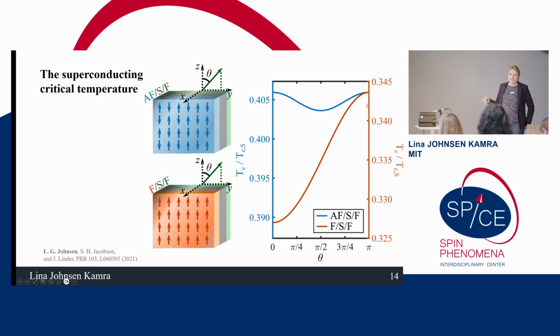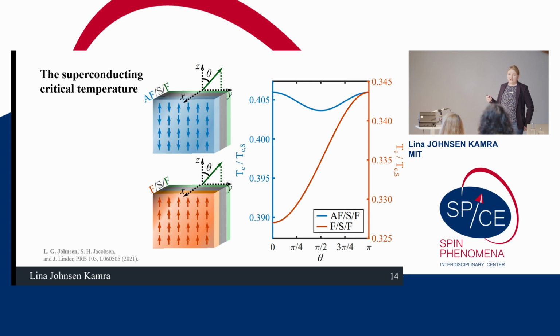What you can notice for the structure with the antiferromagnet is that there's no difference between up and down, because we have the two sublattices, one pointing up and one pointing down, which means that there cannot be any such thing as a difference between the parallel and antiparallel alignments.